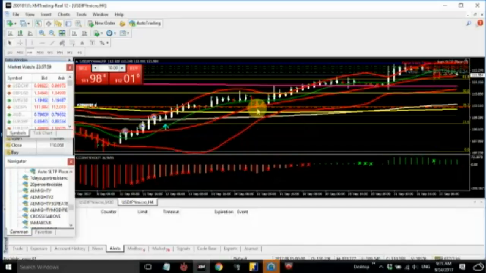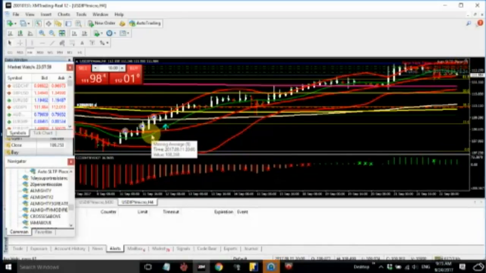See what happened here? After the price touched the middle band of Bollinger Band period 20, the price shot back and returned to the original trend. Have you seen? Look at touching the middle band, shooting to the original trend. Good.